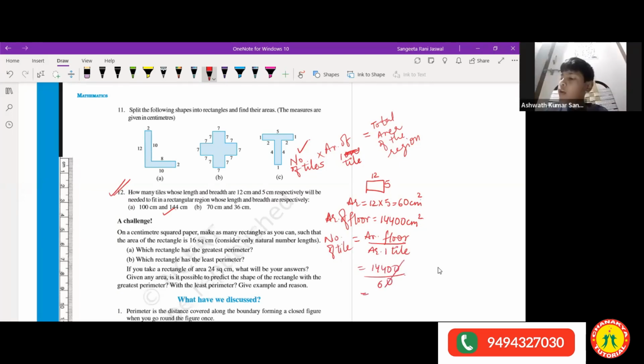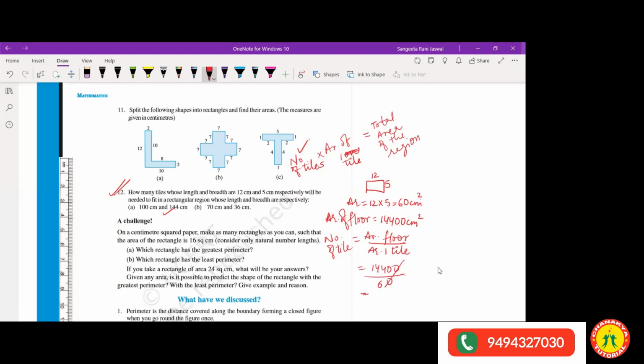It would be 240. 6 twos are 12, then 40. So the number of tiles is 240 tiles. Similarly, can you do the next one?